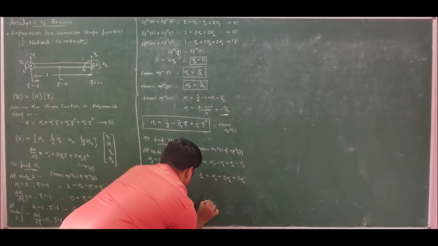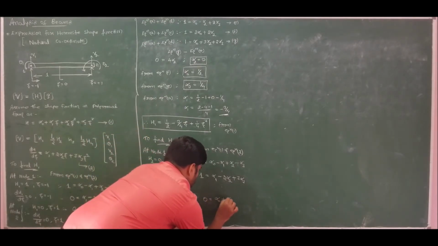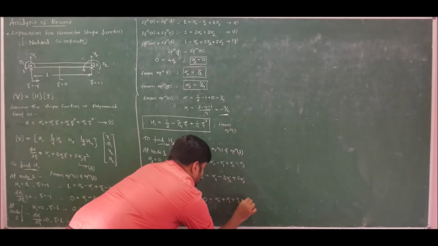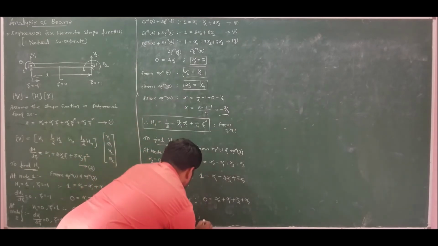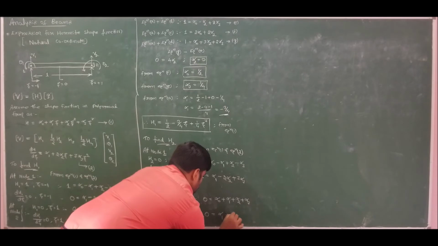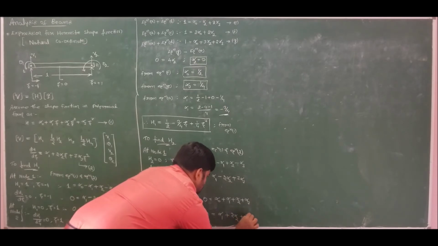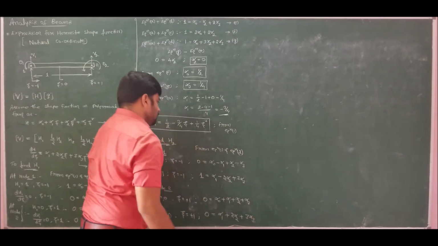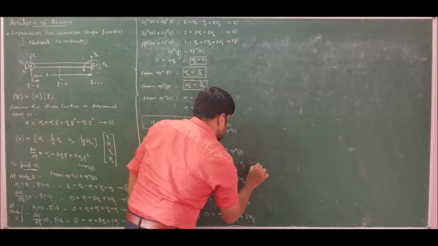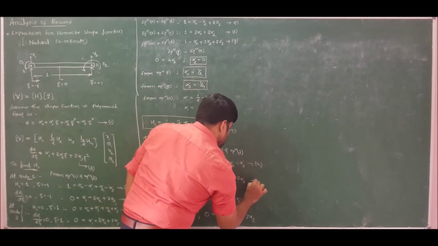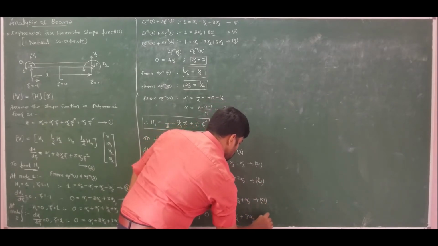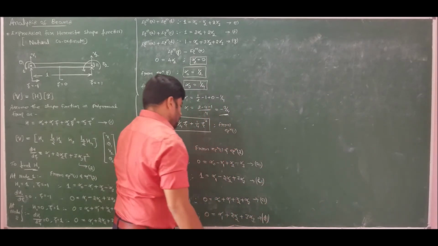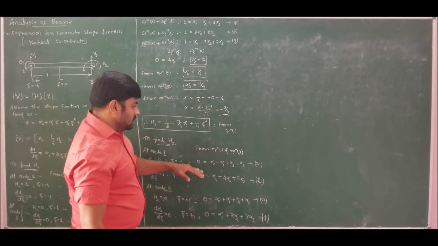So therefore 0 is equal to alpha naught plus alpha 1 plus alpha 2 plus alpha 3. For the differentiation I should go for equation 2. I will get 0 is equal to alpha 1 plus 2 alpha 2 plus 3 alpha 3. Now let us call these equations A1, B1, C1 and D1.